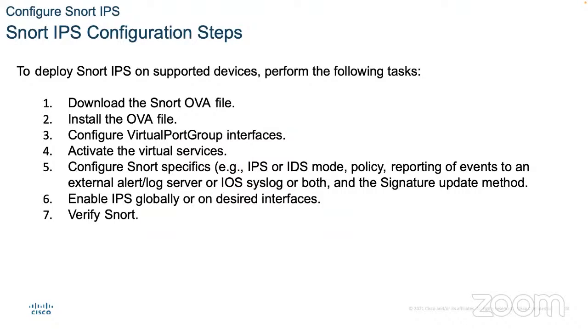To deploy Snort, you can do it a number of ways. You can use an OVA file, like Cisco has in these next couple slides. You can download it from source on Cisco's website. Snort actually has its own thing. There's a number of ways that you can get it down. You can also install it on a Cisco router, for example.